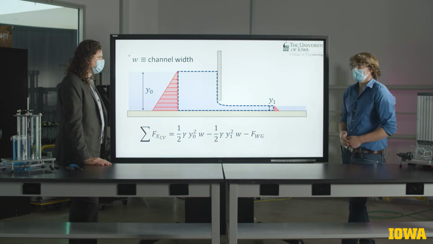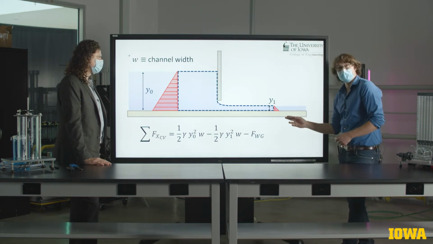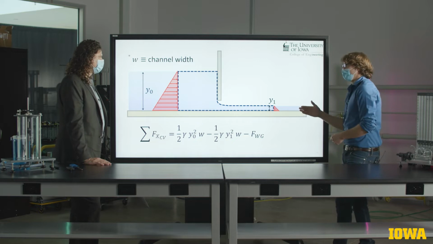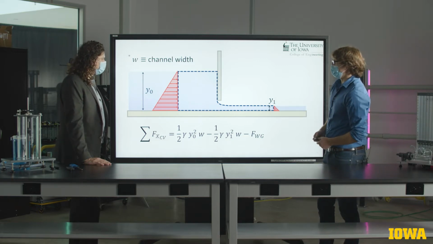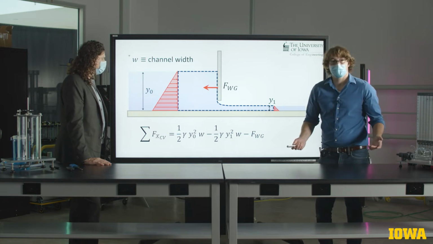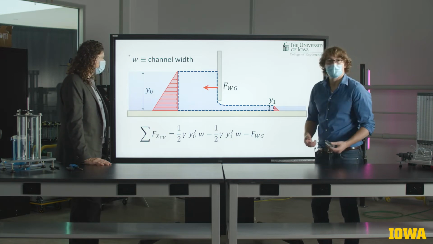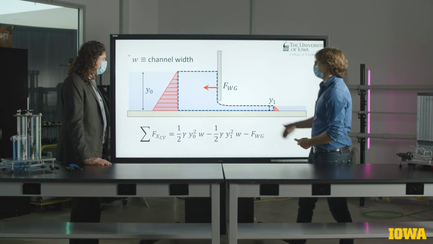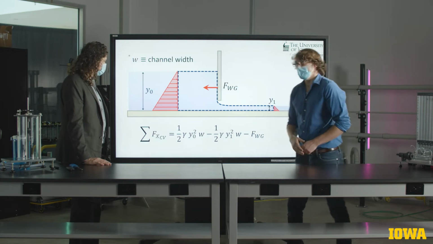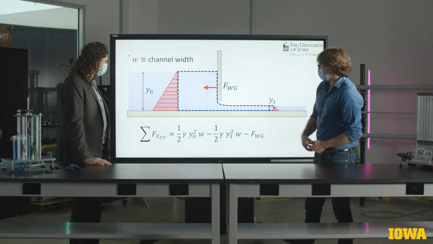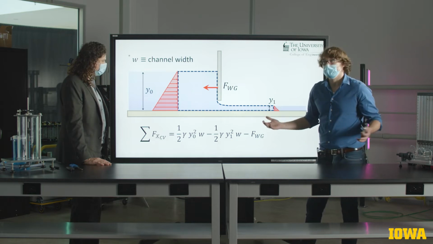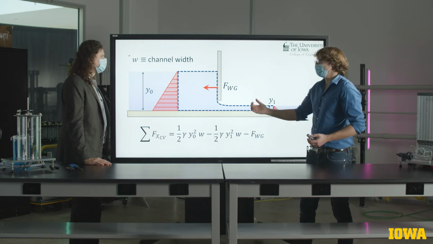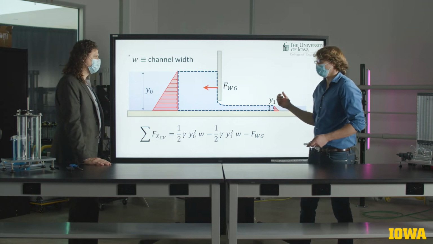On the right, we have a smaller but still hydrostatic pressure distribution pushing upstream on the control volume. In addition to this, we have the force exerted on the water by the gate, right? This gate has a reaction force, which is shown here. And summing these together, we can say that these are the three forces acting on the control volume in the x direction.